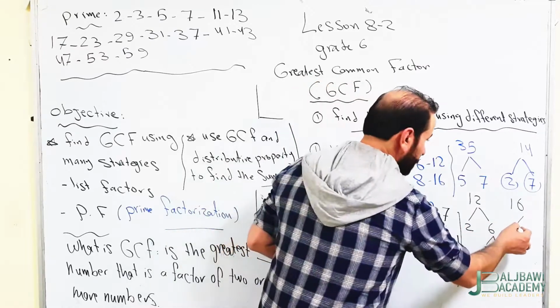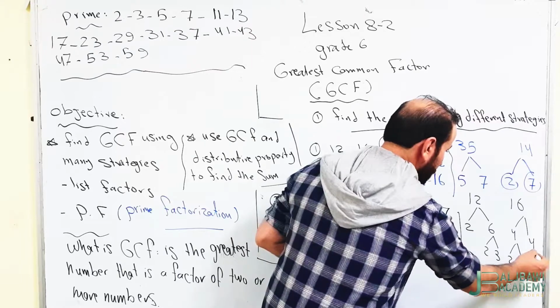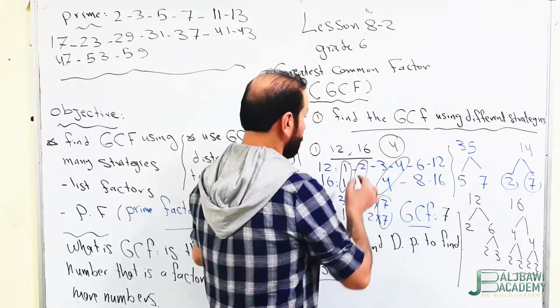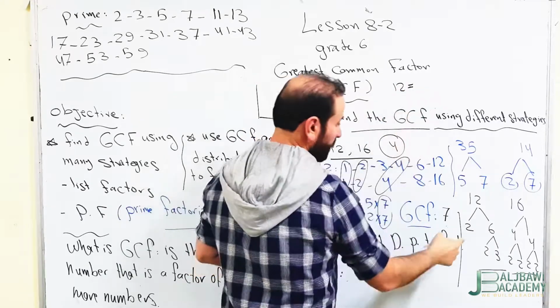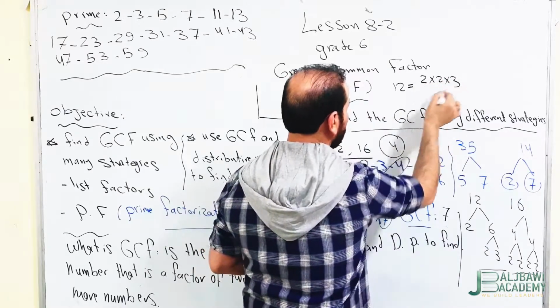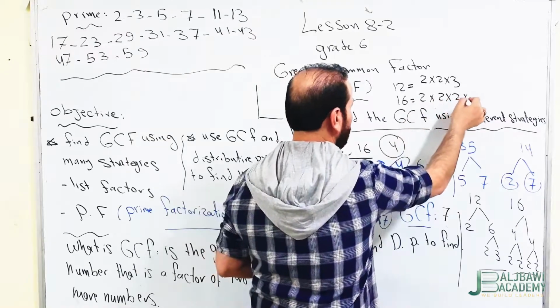Now 16 is 4 times 4, and 4 can be written as 2, 2. Now for 12, I get 2 times 2 times 3. And 16 equals 2 multiply 2 multiply 2 multiply 2.